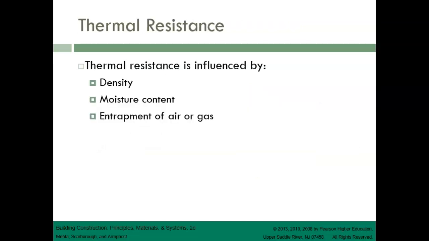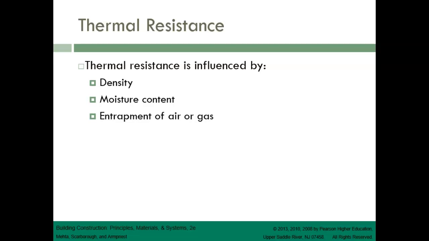There are other factors that influence thermal resistance. For example, if we take a look at page 114 in your text, at the top of the column, metals. Metals are very dense, very heavy materials, so their P values are extremely low. Steel is 0.0032.